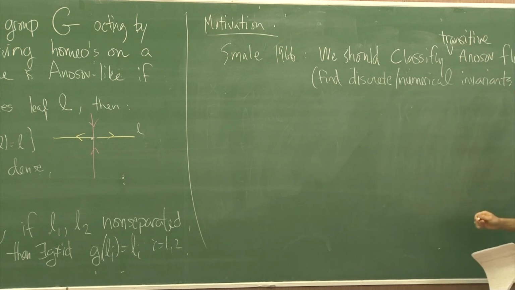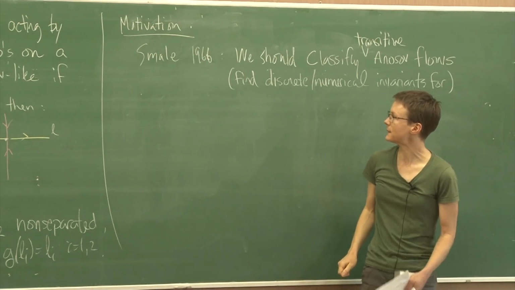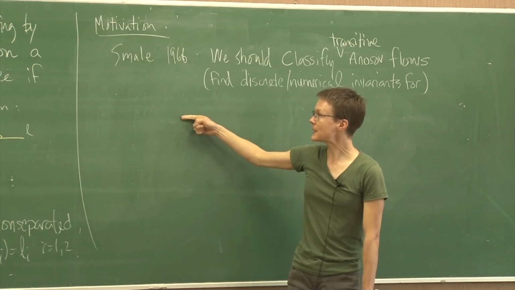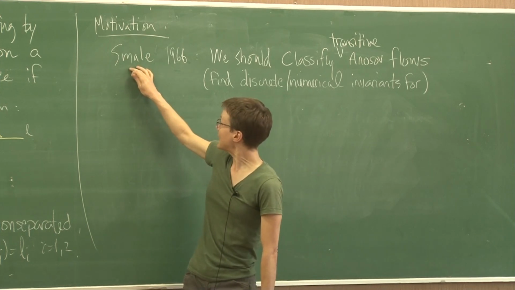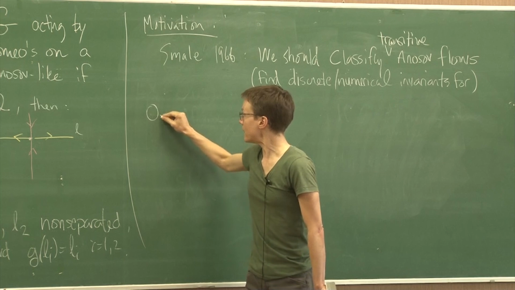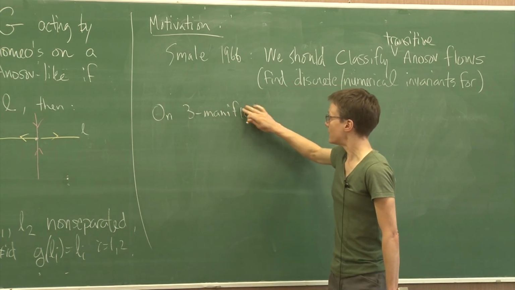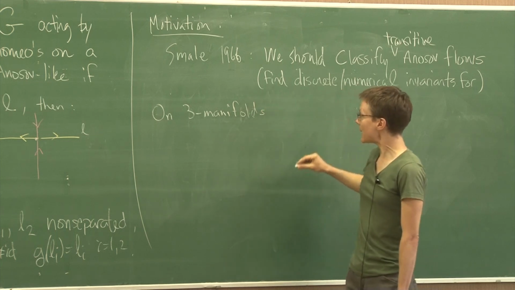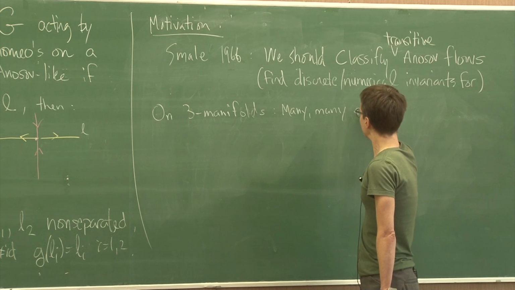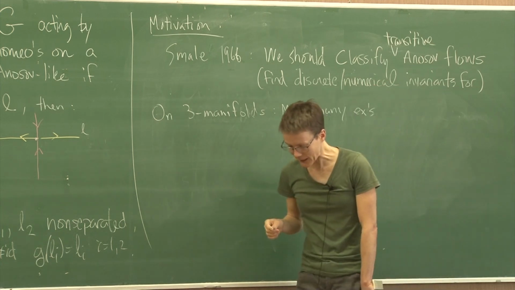But he doesn't really give a picture of how you might do this, unlike the nice conjectural picture that he has for Anosov diffeomorphisms. And that's because the picture is murky. It's tricky. We don't really know what happens in higher dimension, but on 3-manifolds, there are many, many examples that resist a clean classification.